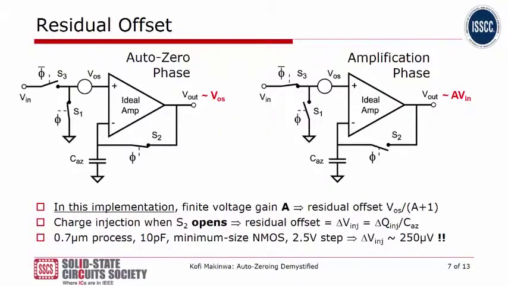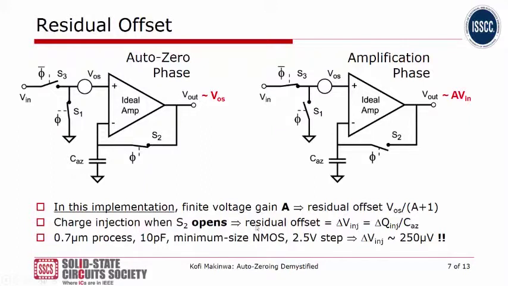Another more important source of residual offset occurs due to the charge injection of this switch S2. When this switch opens, it will inject charge into the auto-zeroing capacitor. And this will cause a residual offset that is given by the amount of injected charge divided by the capacitance value.